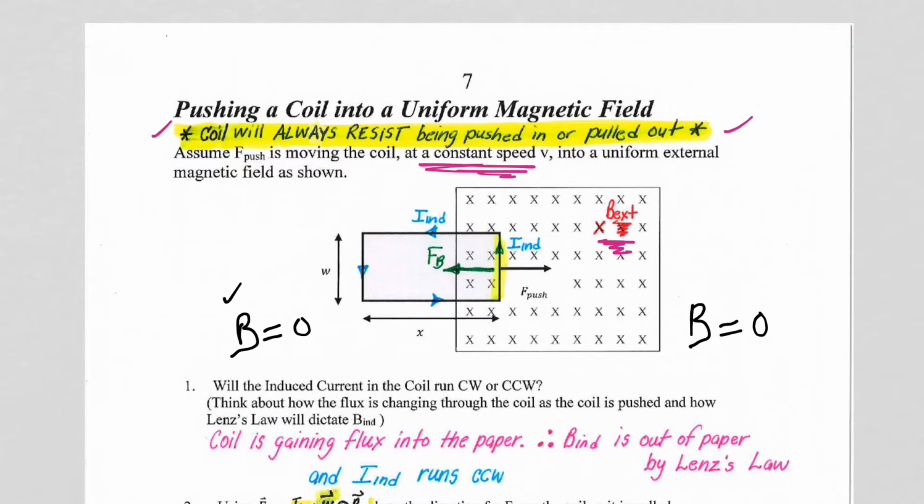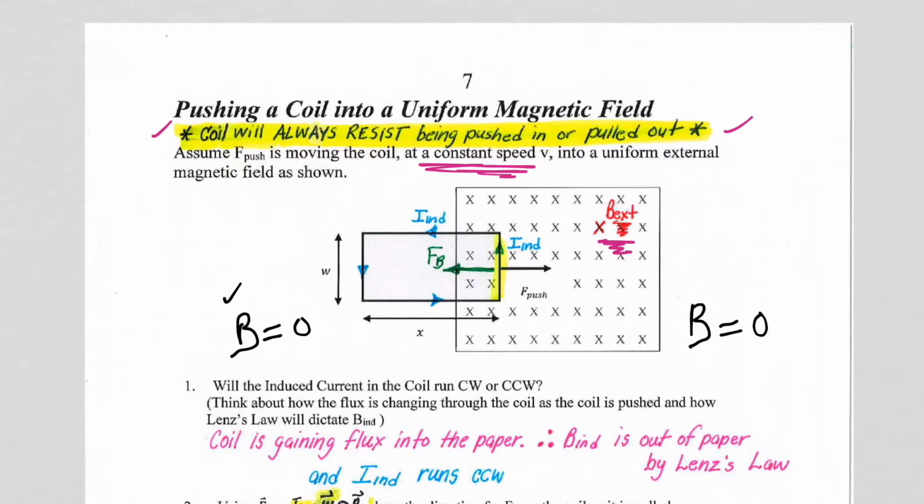Even without having to make a mathematical analysis of what's going on, I want you to know that qualitatively, in this type of situation, the coil will always resist being pushed into the field, and once it's fully in, it will also resist being pulled out of the field.